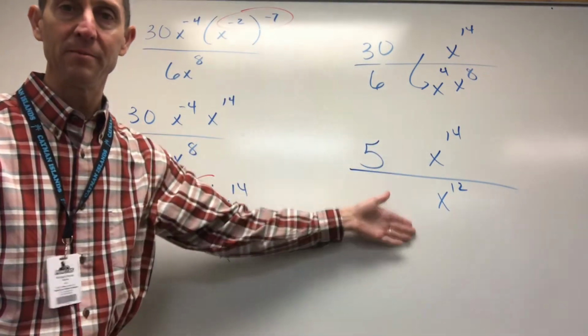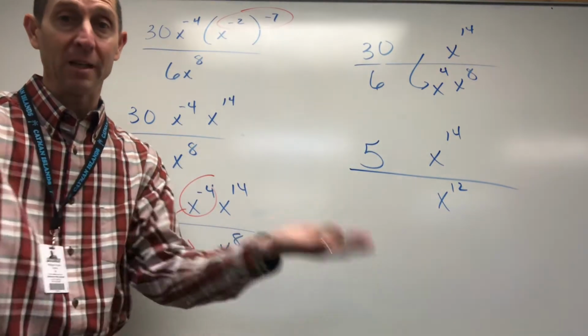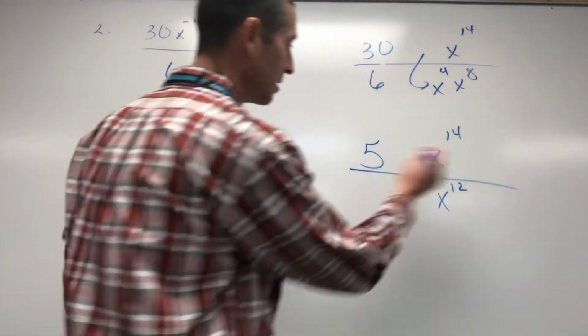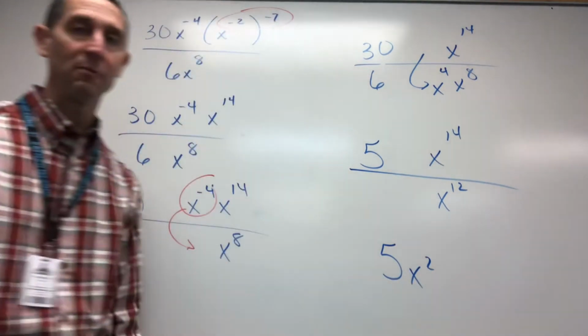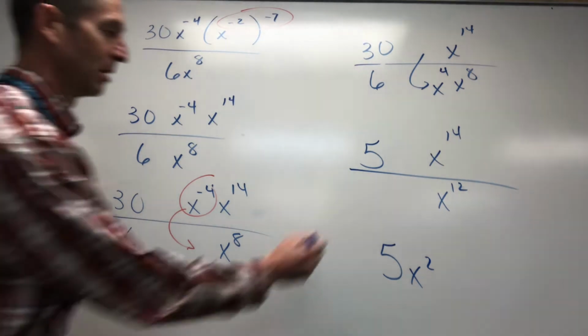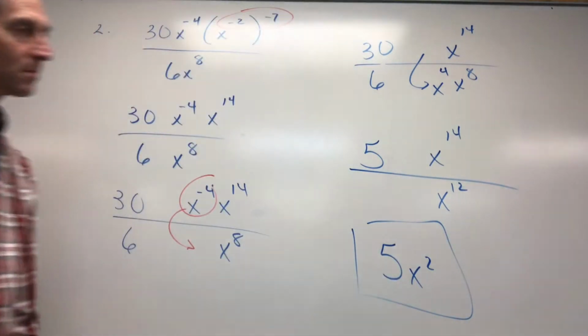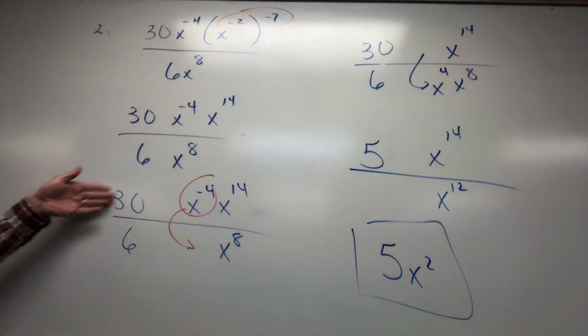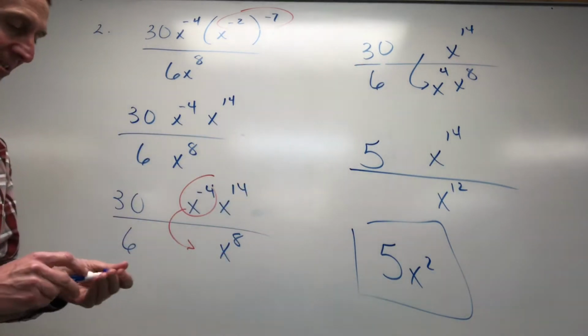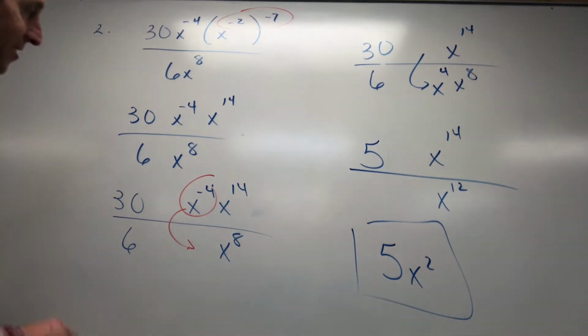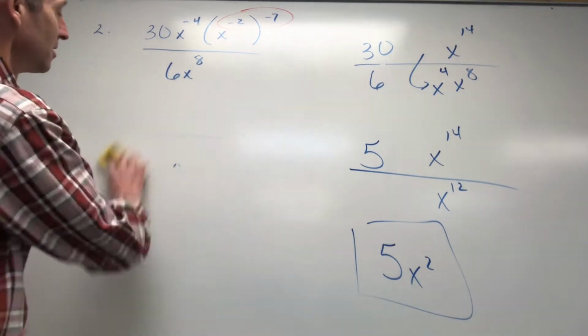Got top, bottom. You got 14 minus 12. You got 2 x's left over. So it looks like everything's good. You got a 5 up top. You got the 2 x's left over up top. You got 5x squared. All right. Work the numbers, work the negative signs, work your x's, put it all together. 2 down, 2 to go.